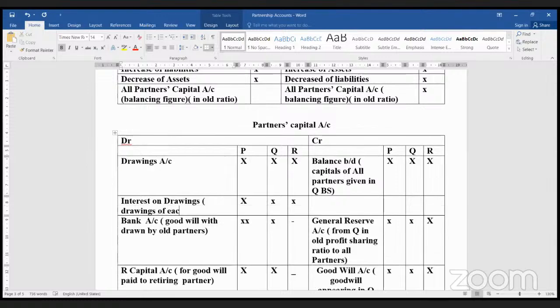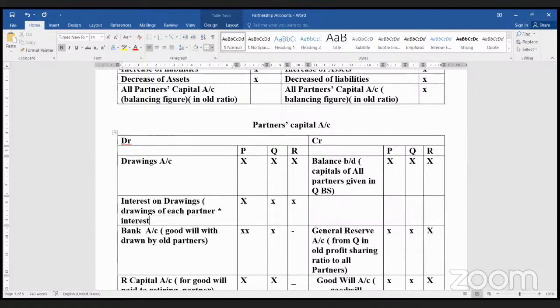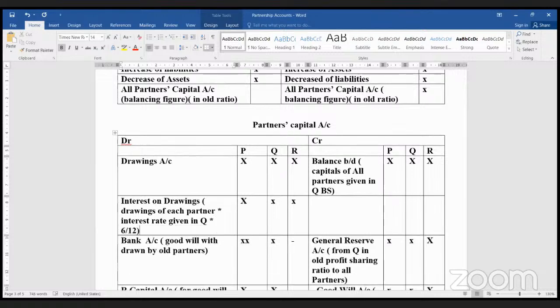Drawings of each partner into interest rate given in the question into 6 by 12. This is how you are supposed to take. Say for example, drawings of P given as 1200, rate of interest is 6, then 1200 into 6 by 100 into 6 by 12. That's how you should take.